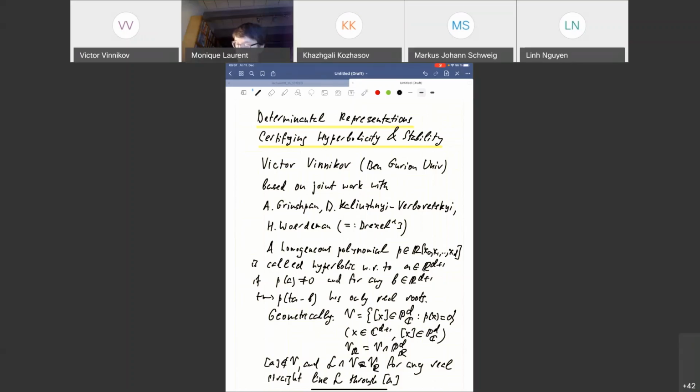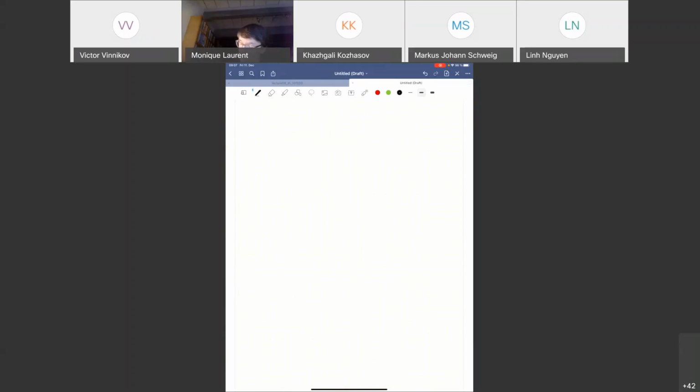Okay, and there are, by the way, two very nice surveys that maybe I should mention. There is one by Harvey and Lawson in 2013, I think, and one on determinantal representations in 2012.